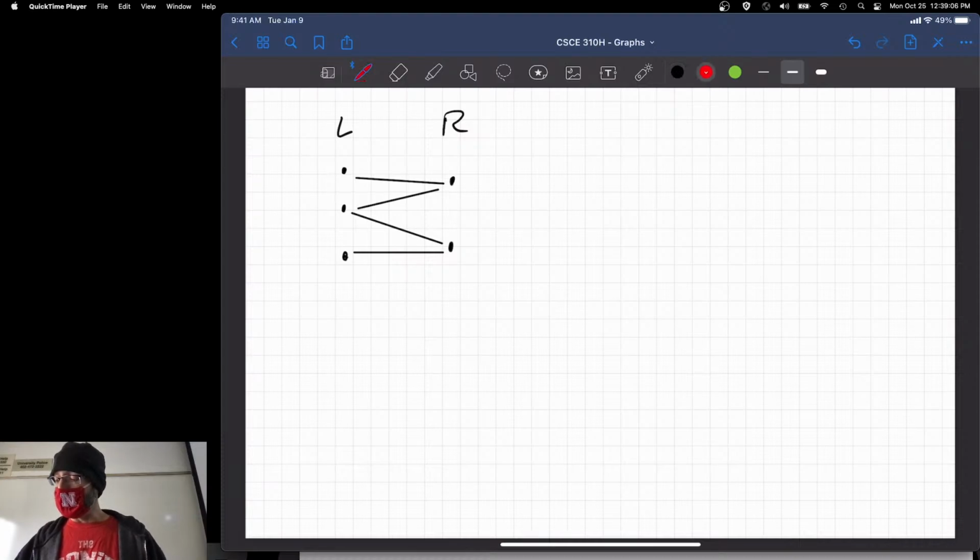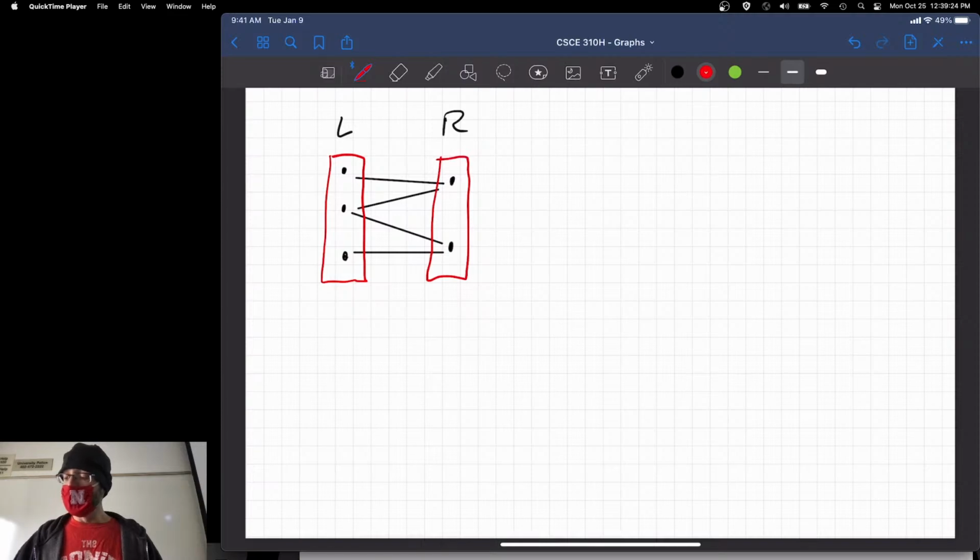So if I wanted to connect these two vertices right here, that's allowed, but then it wouldn't be a bipartite graph. A bipartite graph is only when you can partition it into a left and a right partition so that edges only go back and forth, okay?